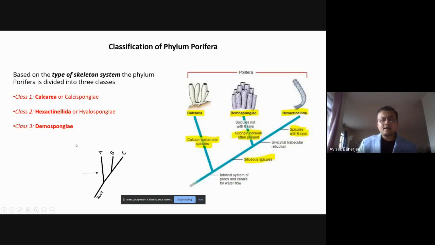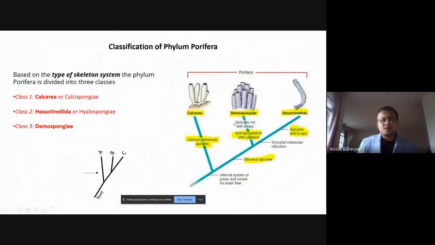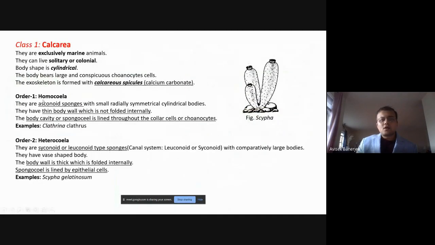If I go back, this is the asconoid type of canal system, and the other two are syconoid and leuconoid. So the Homocoela have these asconoid sponges. The other two features follow automatically because it's very simple. The body wall is thin and not folded internally, and the body cavity or spongocoel is lined with collar cells, the choanocytes. These are the characteristics of the asconoid type of canal system.